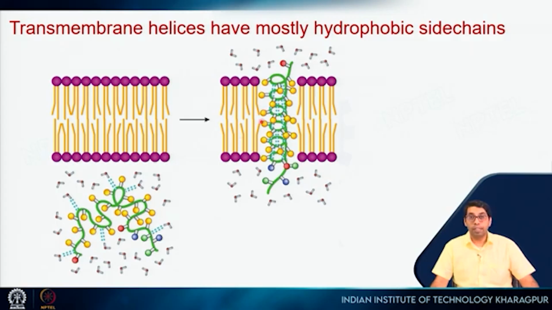So, in this case, the helix will be entirely or mostly formed of amino acids which are highly hydrophobic, so that they can interact with this hydrophobic part of the lipid bilayer, and towards the terminus we will have hydrophilic or charged amino acids. So, this is a very characteristic feature of helices which are embedded in lipid bilayers.